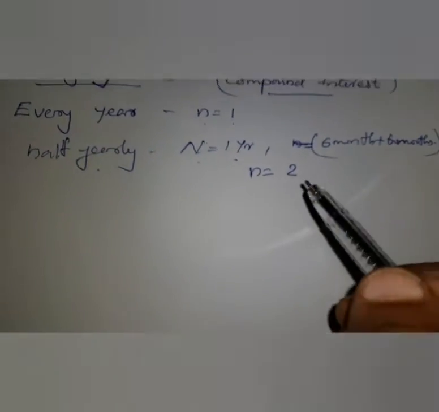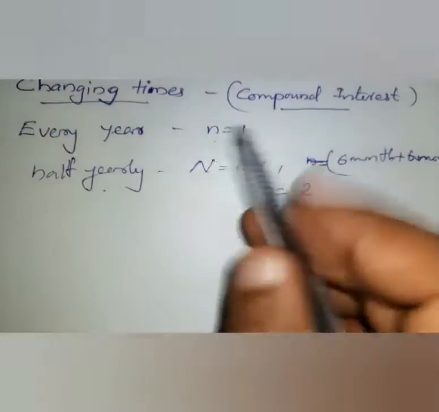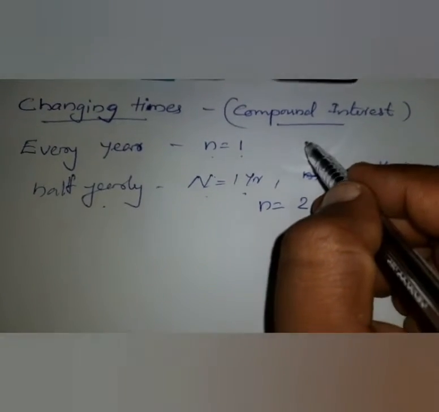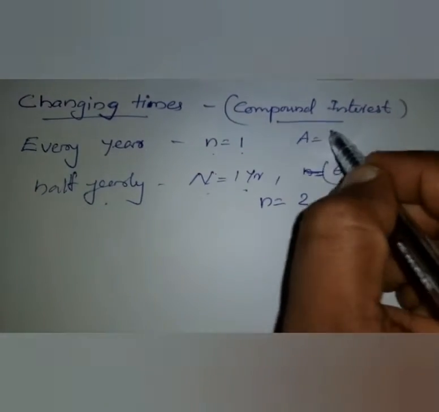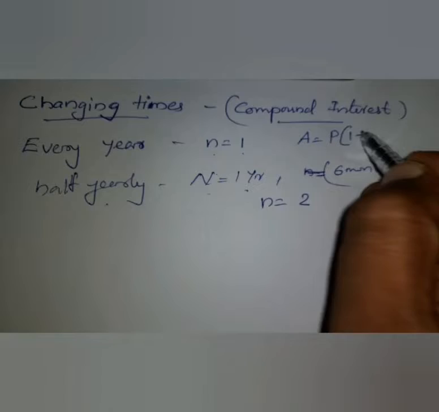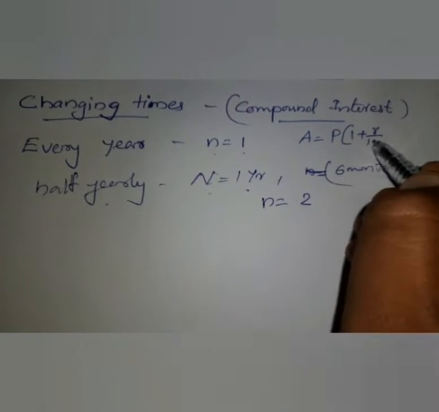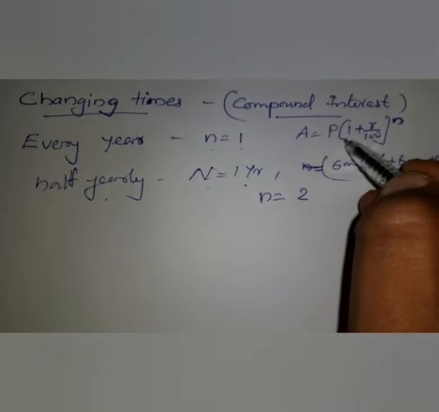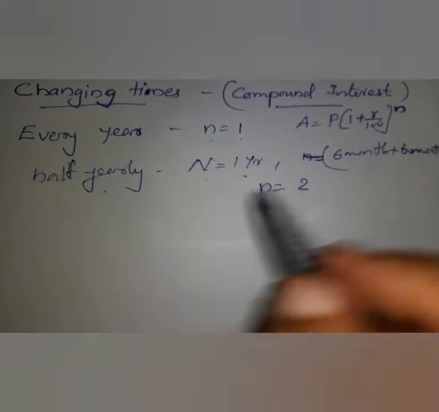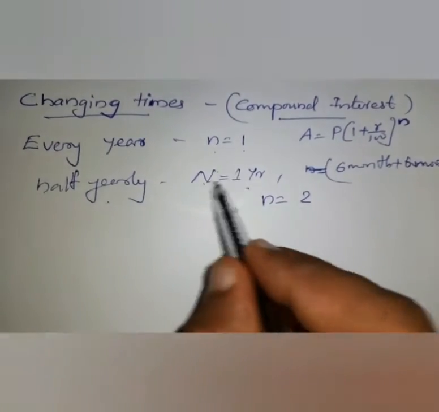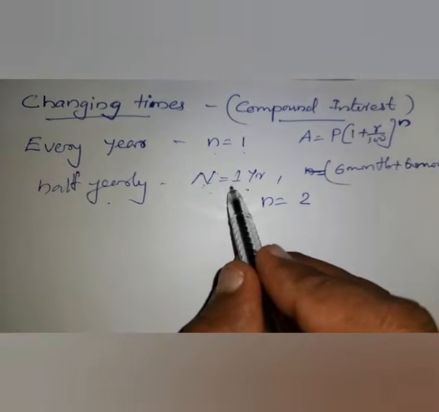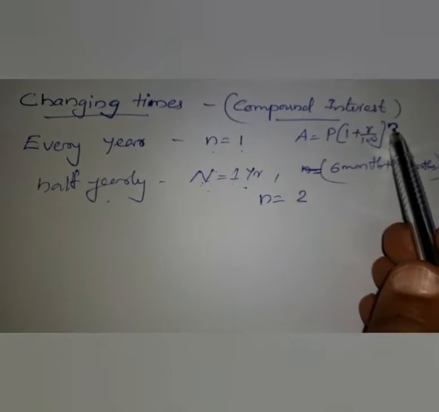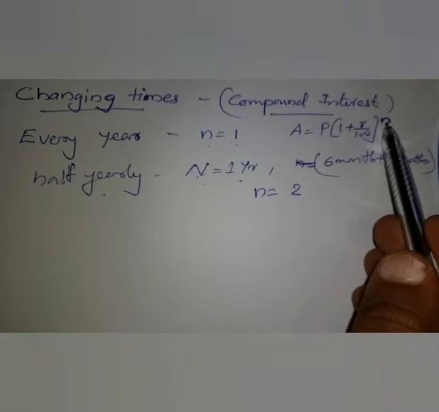So the equation you know is A is equal to P into 1 plus R by 100 raised to n. Remember that capital N is for how many years and small n is how many times it is calculating.